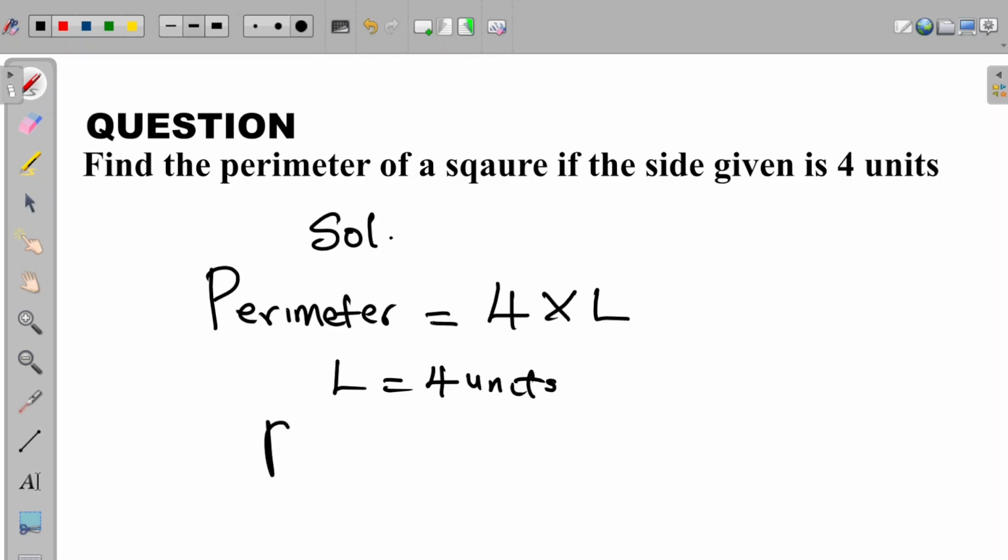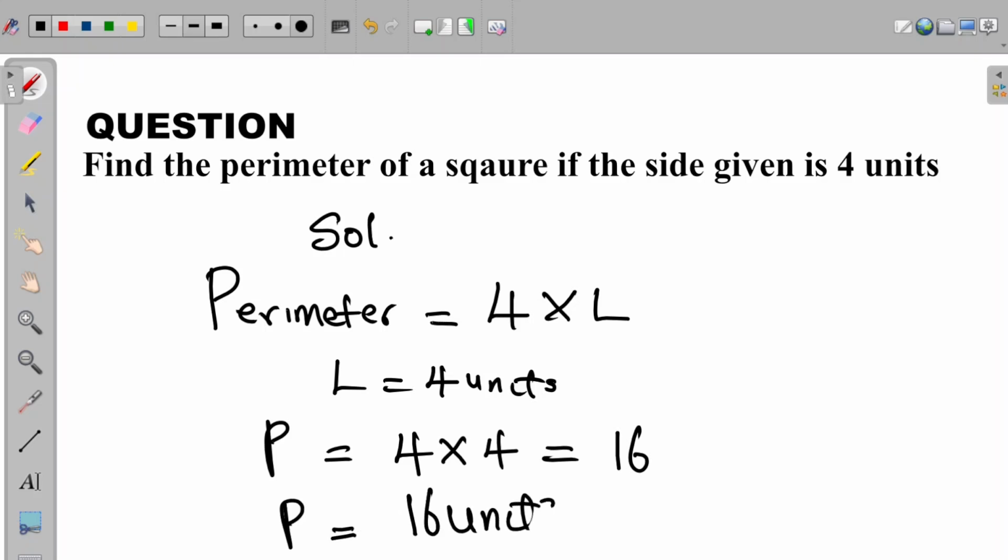Thus, the perimeter will be 4 times 4, which is equal to 16. So the perimeter, P, is given as 16 units.